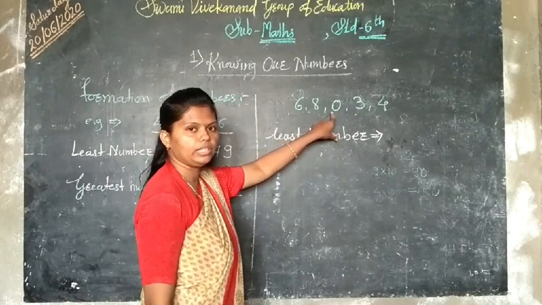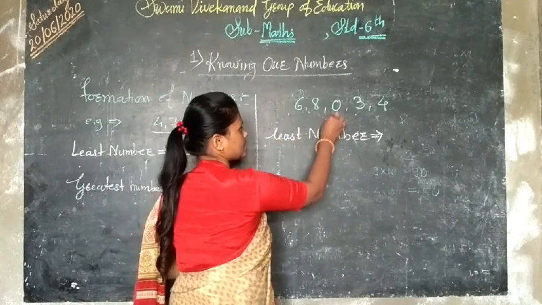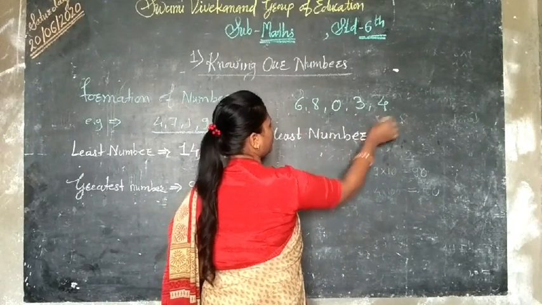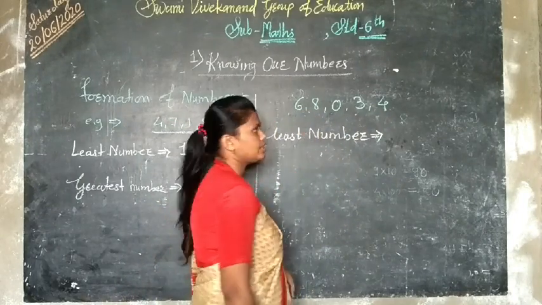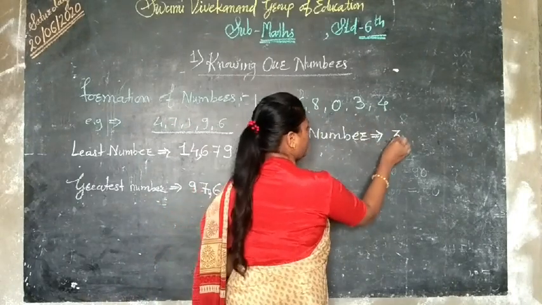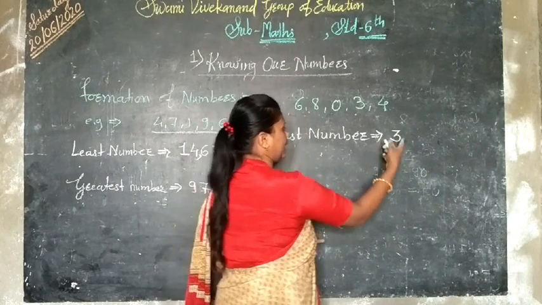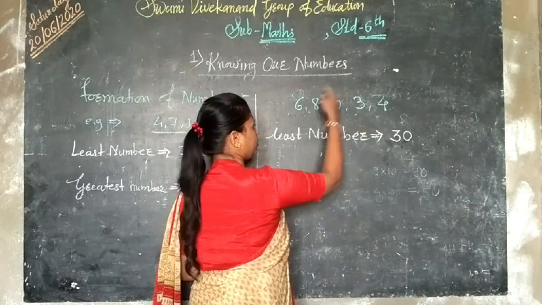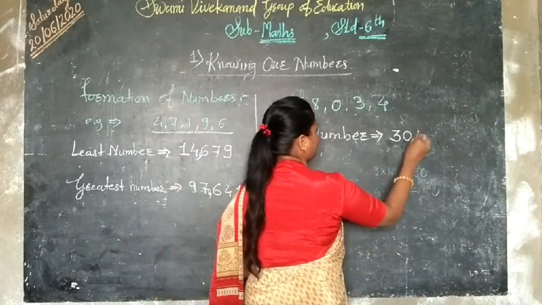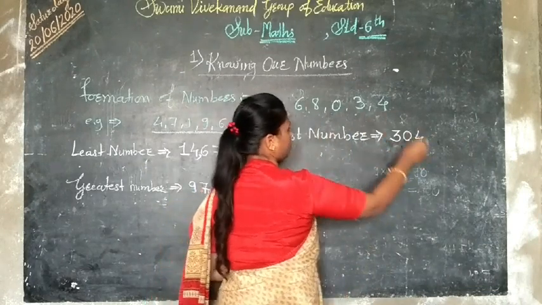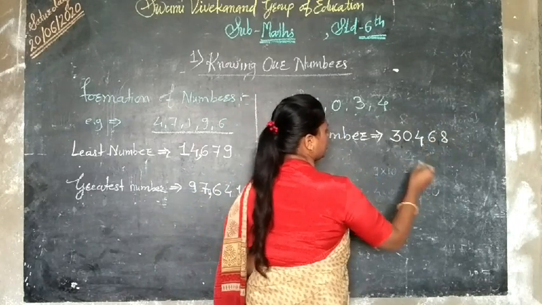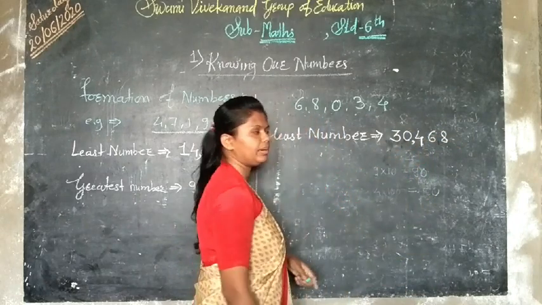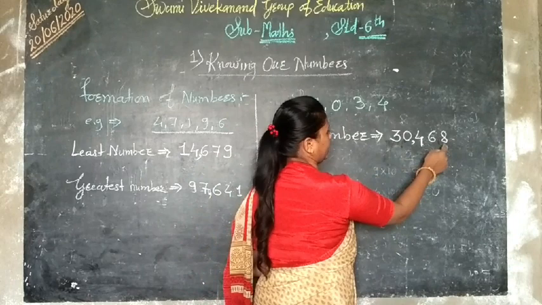You have to find out the next least digit. So, which is the next least digit? It is 3. So, we have to put that 3 first. Then next to the 3 you have to insert your 0, and then the leftover digits you have to arrange according to their ascending order: 4, 6 and then 8. Put a comma. Your number is 30,468.